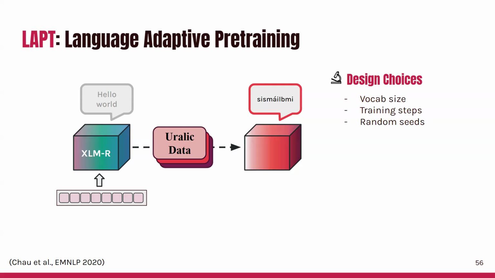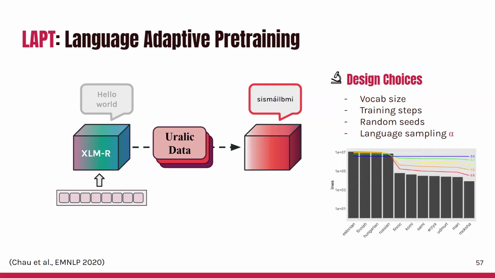So we consider different vocabulary sizes for our specialized vocabulary, as well as the number of training steps or the amount of adaptation time we use to specialize the model. And we also consider some different random seeds to see what noise this introduces into the model. And finally, we consider different values of the language sampling alpha, which is how we control how much we up or down weight low resource languages.